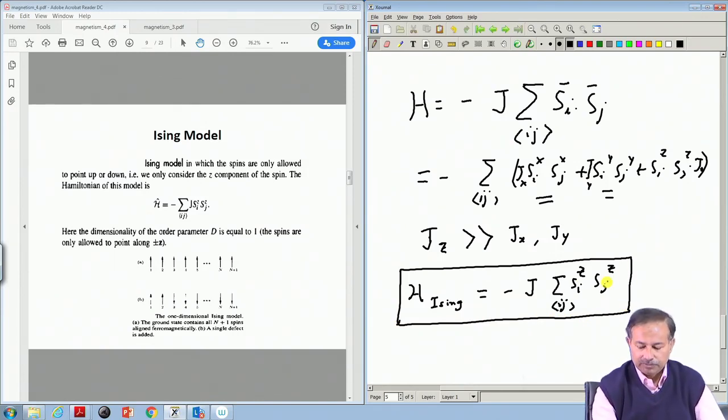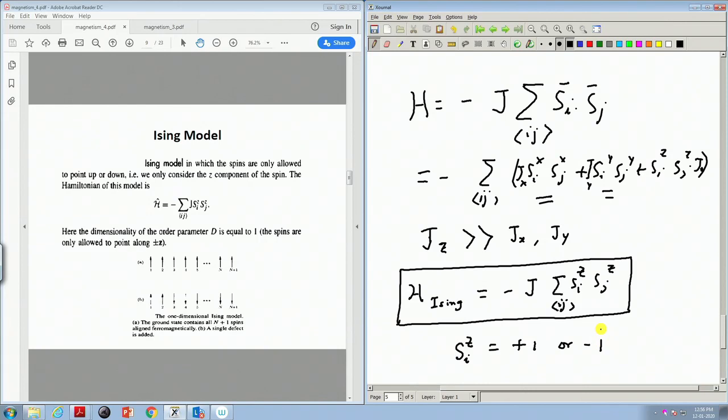When one writes this model, one often just does not write this z, because it is assumed that you have only one component, and Si z takes values plus 1 or minus 1.